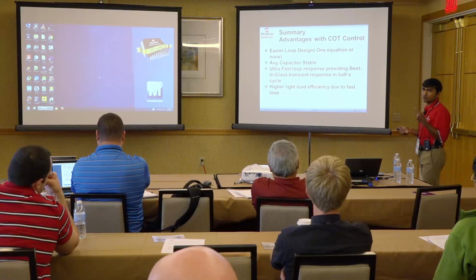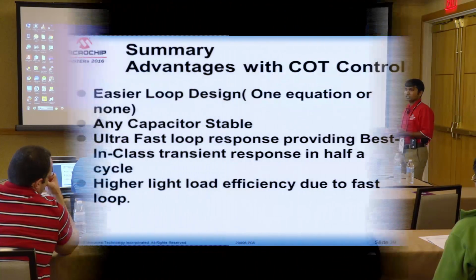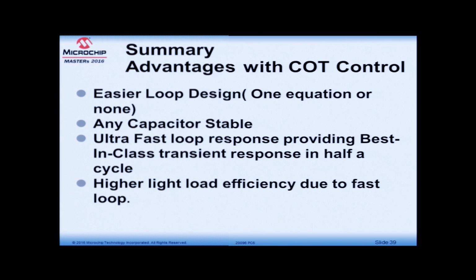We have seen one equation to calculate the ripple injection network if you are using ceramic capacitors, or no equation at all if you are using electrolytic capacitors, so you do not need to remember any equation or any type 2 or type 3 compensation. The loop design is much easier, and it is also stable with any capacitor. You do not need to limit your output capacitor to certain chemistries. You can use any capacitor and it becomes stable.